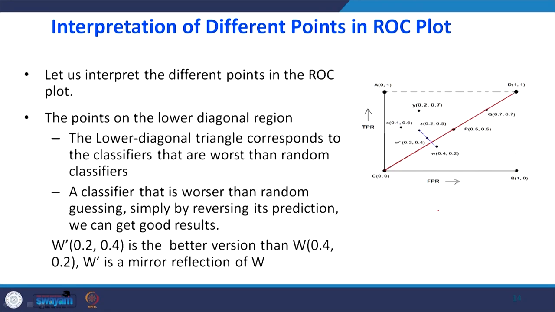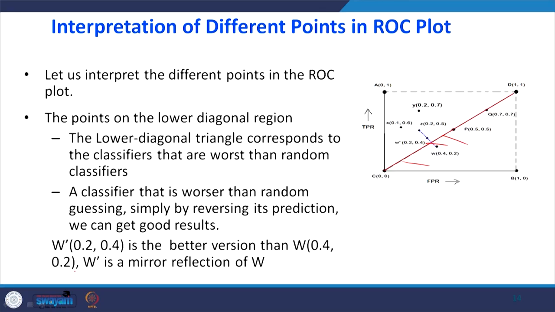Now let us interpret the different points of the ROC curve. First we will see the points on the lower diagonal region. Previously I have explained the upper diagonal region. Now we will look at the points in the lower diagonal region. The lower diagonal triangle corresponds to classifiers that are worse than the random classifier, because this side it is not good because it has a high false positive rate.